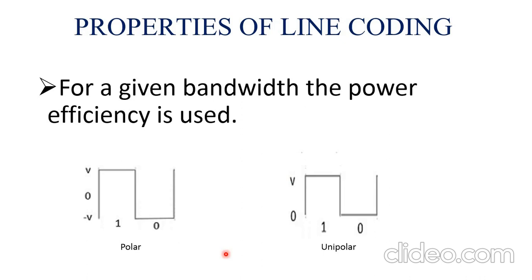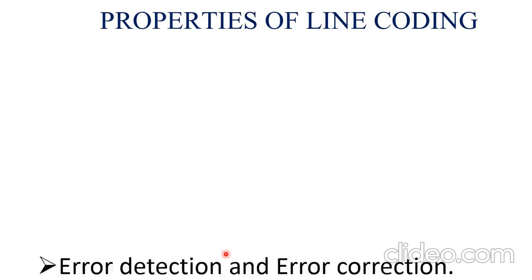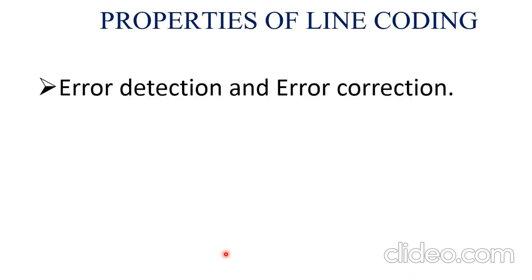Okay. Now the third property. The third property of line coding technique is error detection and error correction. Let's see.